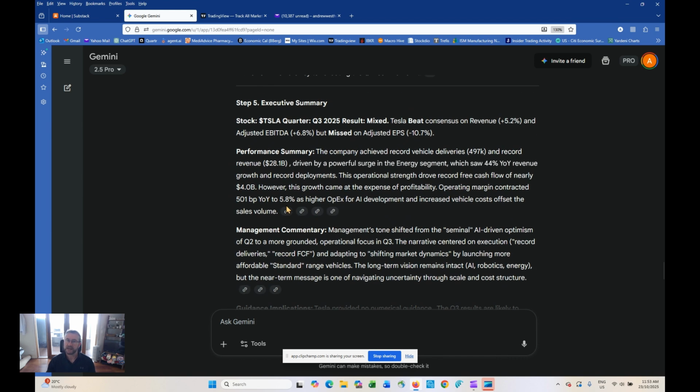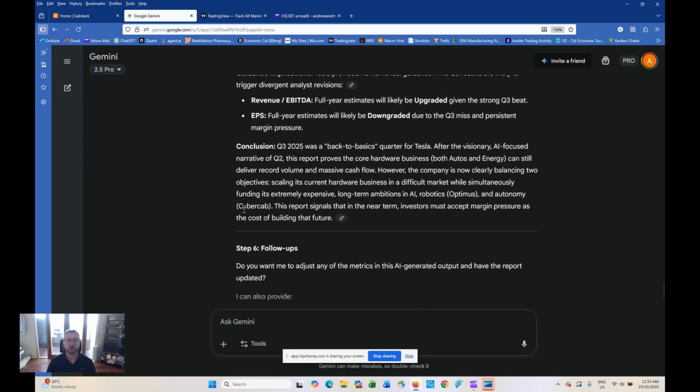The last section is simply an executive summary. It summarizes everything we've gone through and gives you a full insight report on the earnings. So this is something that Inferential Investor can provide you as an investor with very quickly as earnings hits the tape on any company in the market. Within a couple of minutes, you get insights not only on the numbers they've achieved versus consensus expectations, which is often where most write-ups end.